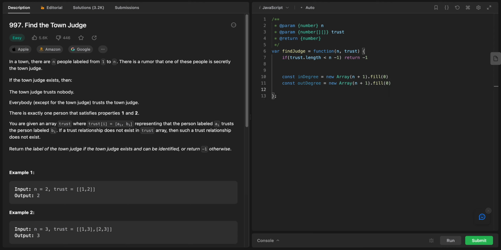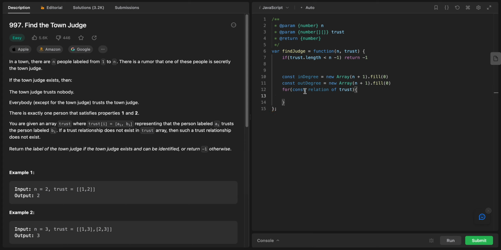So I will loop through the trust, and the trust is a two-dimensional array. I'll make a for of loop, const relation of trust.